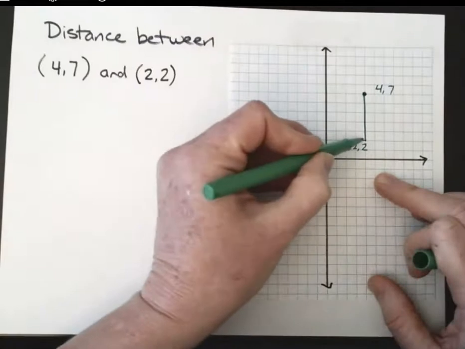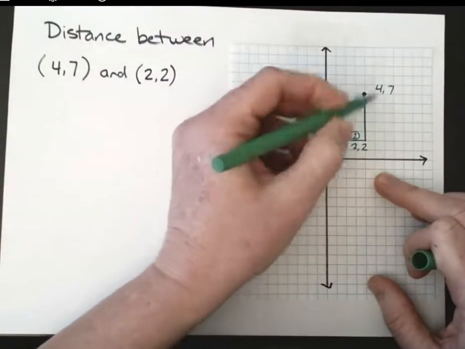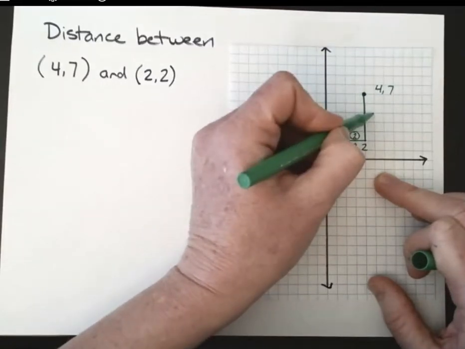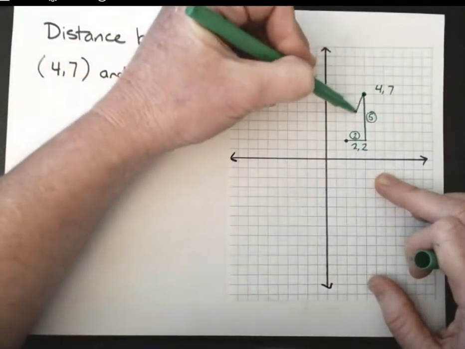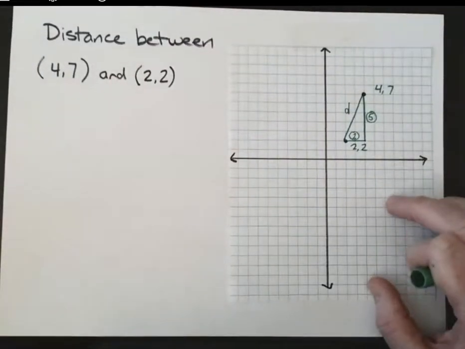And we know that this distance is 2. This distance is 1, 2, 3, 4, 5. And we want to know this distance between those 2 points.